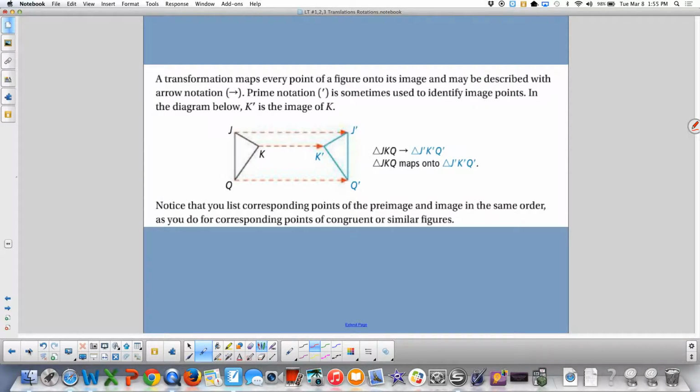A transformation maps every point of a figure onto its image and may be described with the arrow notation. Prime notation is sometimes used to identify the image points. So you can see here J, K, Q is my pre-image.